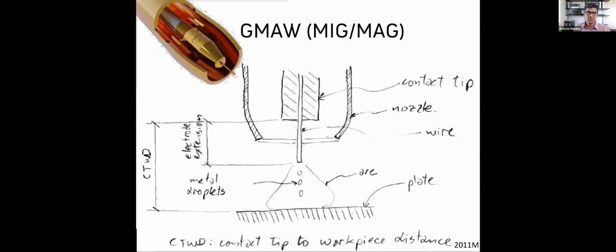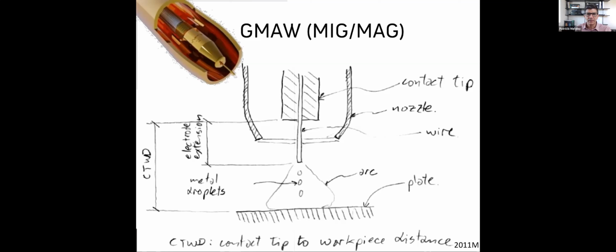So to some extent, it's kind of the same as TIG gone wrong, in which we're melting the electrode, right? But now we do it under very good control. Now, if my electrode is unspooling and melting, I have an interesting problem: how do I make an electric circuit with something that is melting?